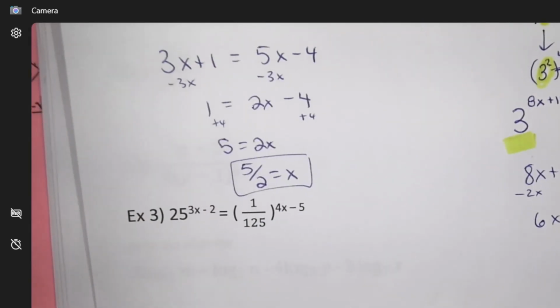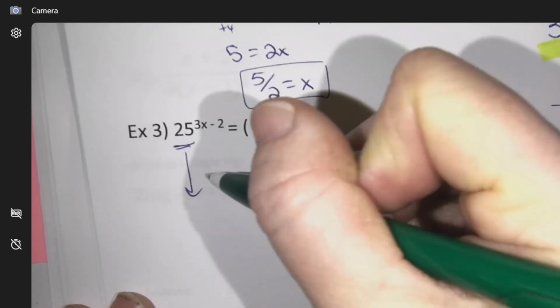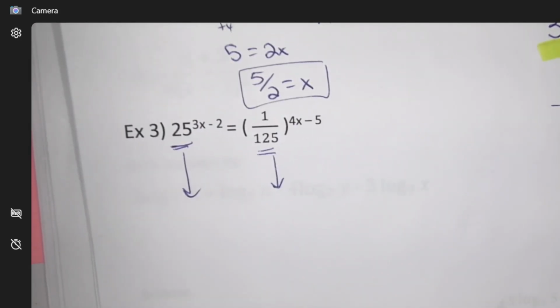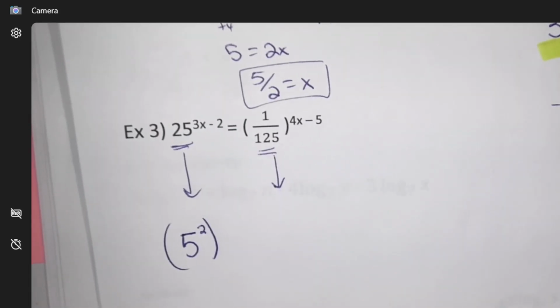Okay, last one. Okay, there's a 25 and there's a 1 over 125. Would they have something in common as a base? 5. So instead of 25, I'm going to write 5 squared.